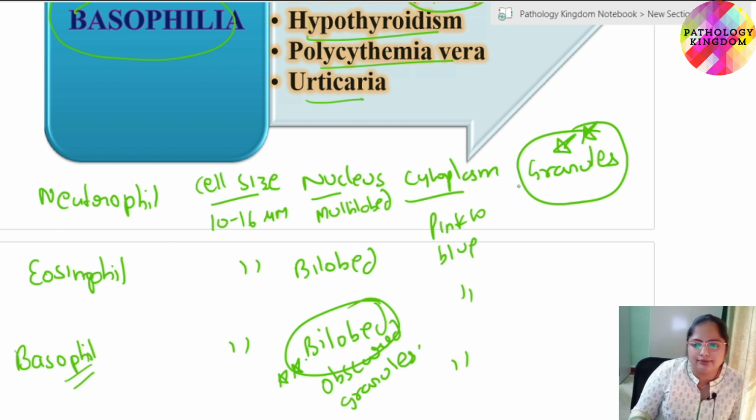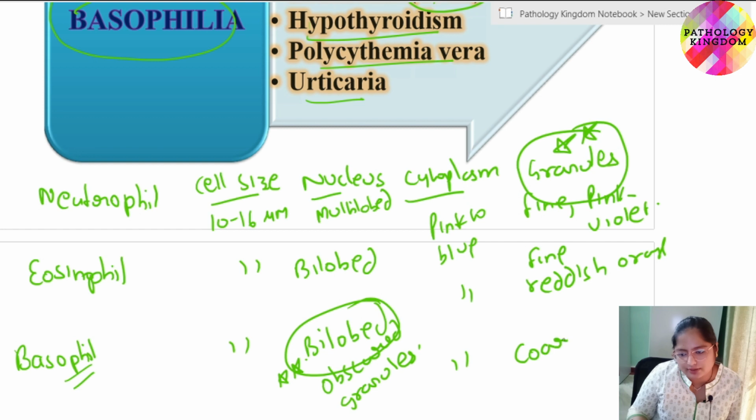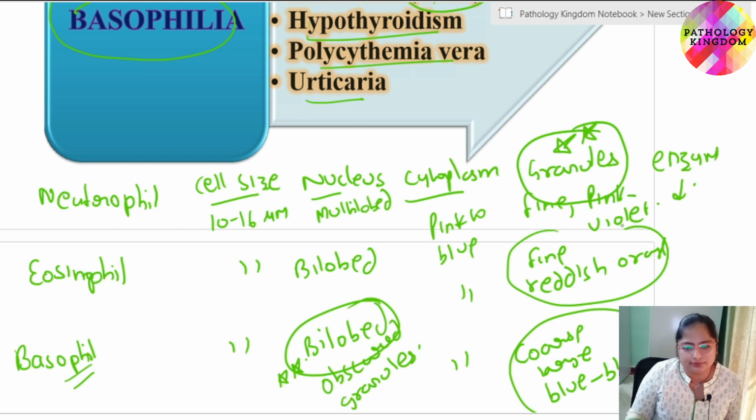Neutrophil will have fine pink to violet granules. Eosinophil will have fine reddish orange granules. And basophil will have coarse, large, blue black granules. And these granules contain enzymes. So this is all about granulocytes.